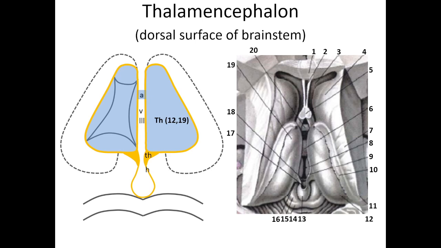At the periphery, the thalamus is surrounded by strips of white matter, SM, stria medullaris medially. It corresponds to number 9 in the photo. Here it is, stria medullaris. And ST, number 10, stria terminalis laterally, which corresponds to number 10 in the photo.